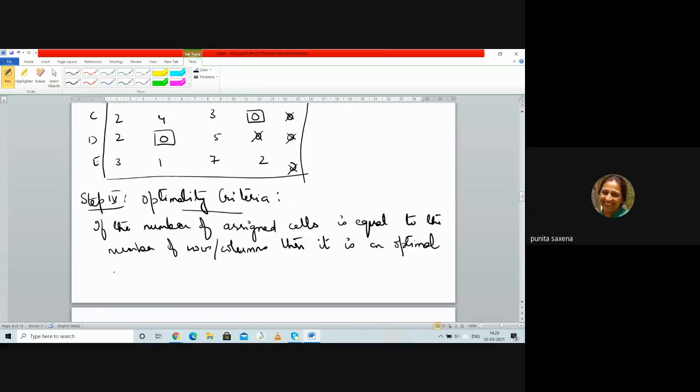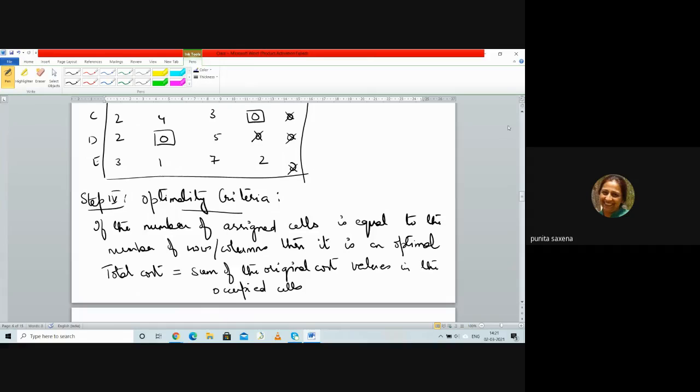And in this case, your total cost which you compute will be equal to the sum of the original cost values in the occupied cells. That means we just compute how much was the cost when, say, supposing the worker A is assigned the first job. Similarly, whatever assignments we have made, and so on and so forth.